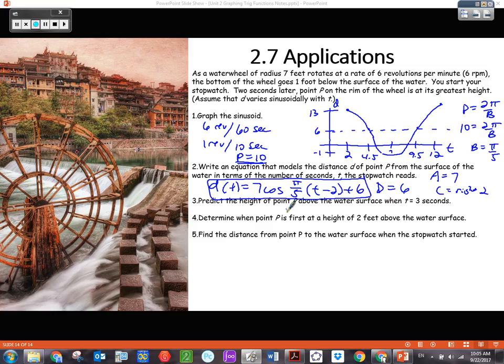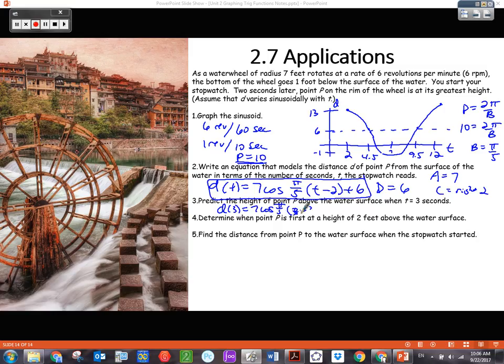And then we're going to predict the height of the point P above the water surface when t is 3 seconds. Okay, so I'll just give you that. It was 11.663. As you're entering this on your calculator, be sure that that is the number that you get. So I'm going to show it: D of 3 equals 7 cosine pi over 5.